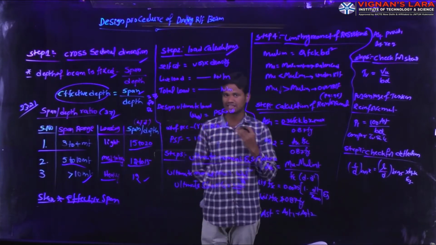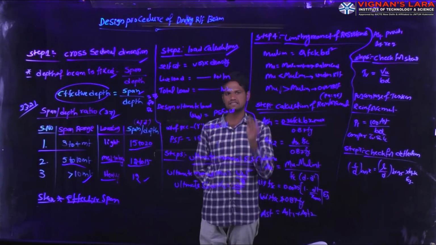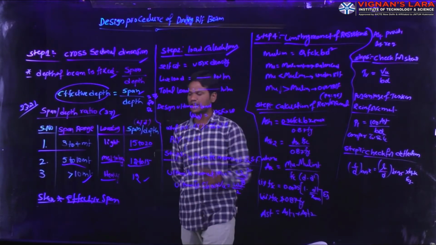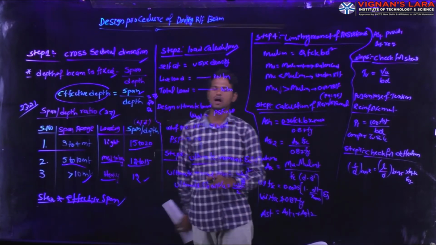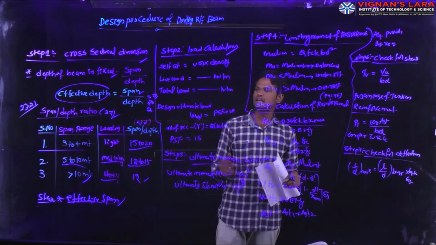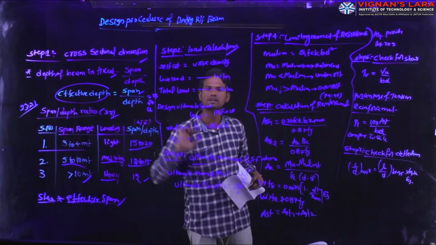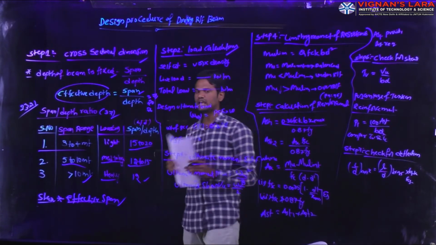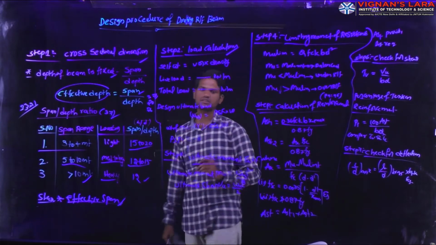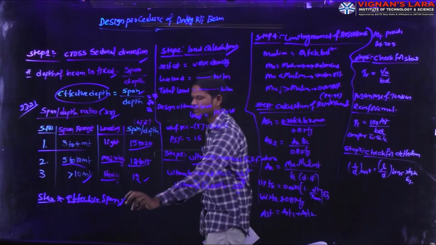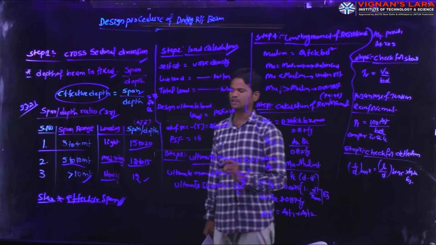The same procedure used for the singly reinforced beam is also followed for the doubly reinforced beam. Effective span, L effective, equals clear span plus the center to center distance between supports, or clear span plus effective depth. While solving the problem, again I will mention the code book as well as the page number. This is one more step, for calculation of the effective span.